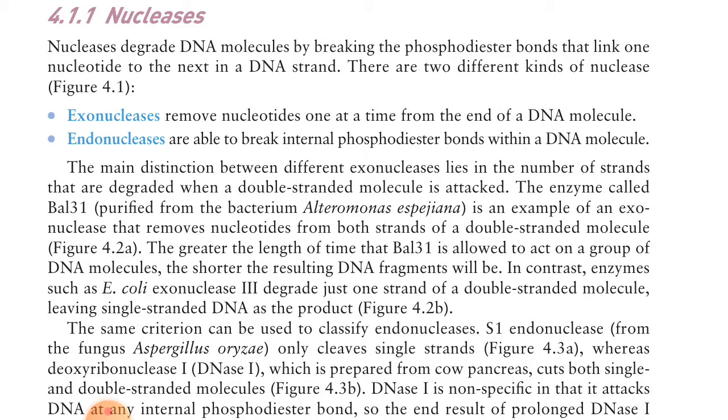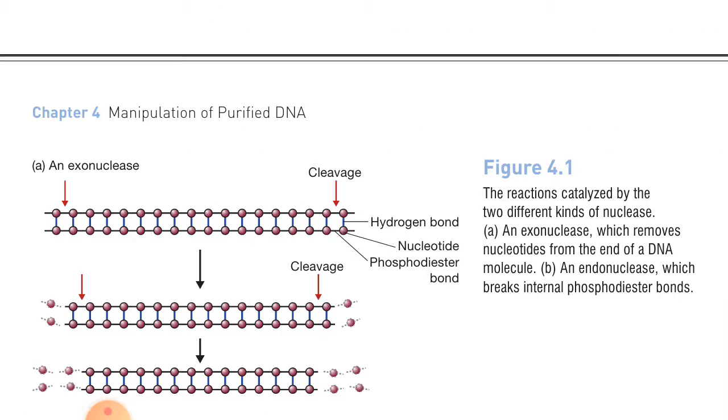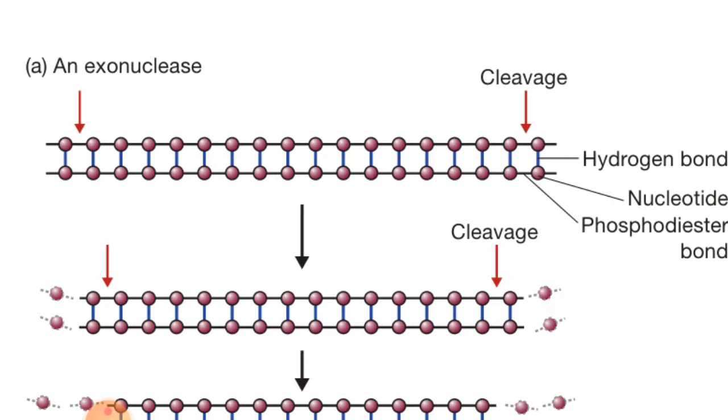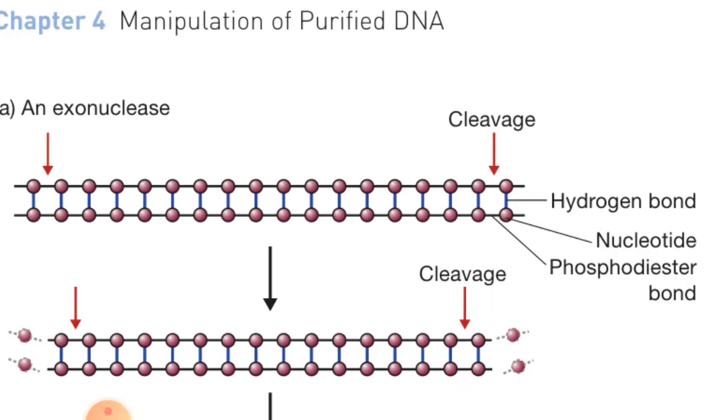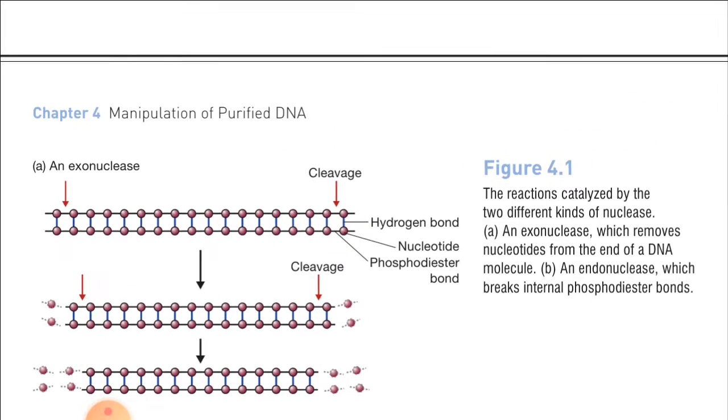Means it cuts the DNA fragments from the corners only, not in between. Exonuclease, whenever they cut, they always cut from the end. So the cleavage is done from the ends only in case of exonuclease.